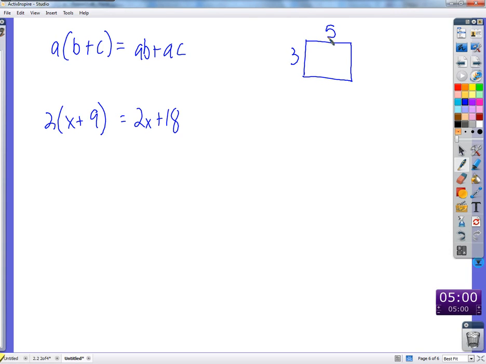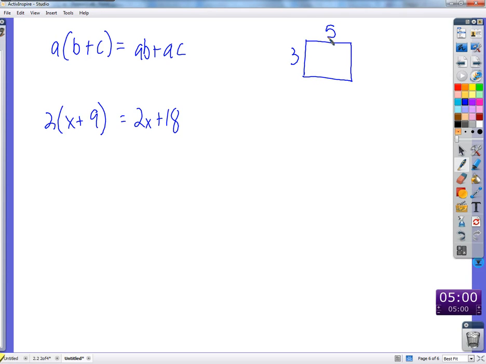Wouldn't you add 3 and 5? Is that the area? 3 plus 3 plus 5 plus 5? What is that when you add 3 and 3 and 5 and 5? The perimeter is the perimeter.